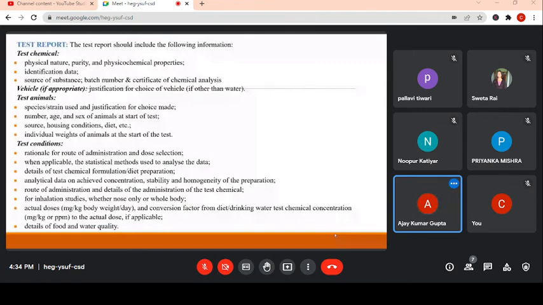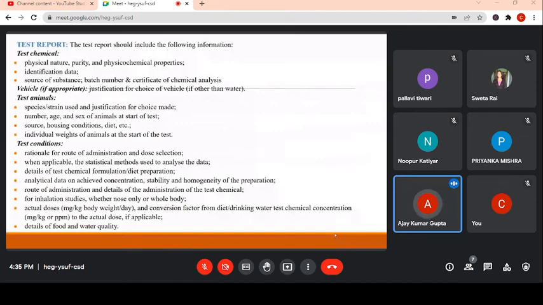Identification data, source of substance, batch number, certificate of chemical analysis, whatever applied. Vehicle, if appropriate, justification of choice of vehicle, if it is other than water. And it should also be mentioned its LD50 or other toxicological profile of the vehicle, if available.